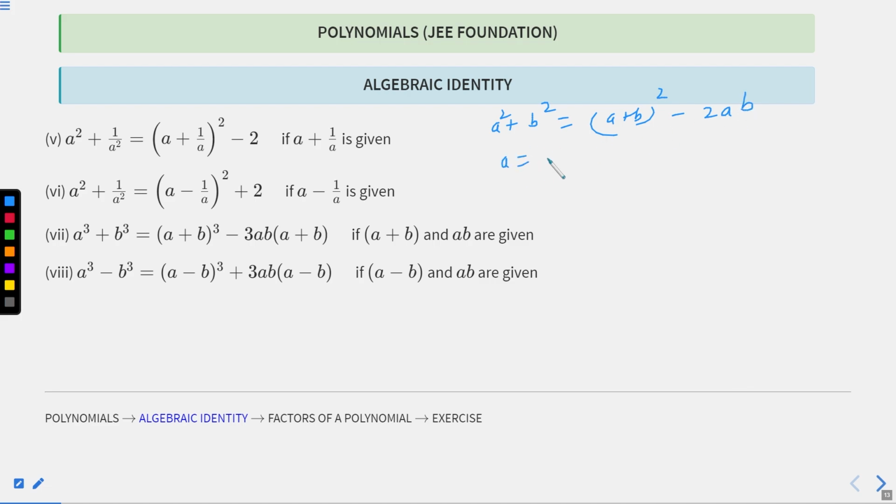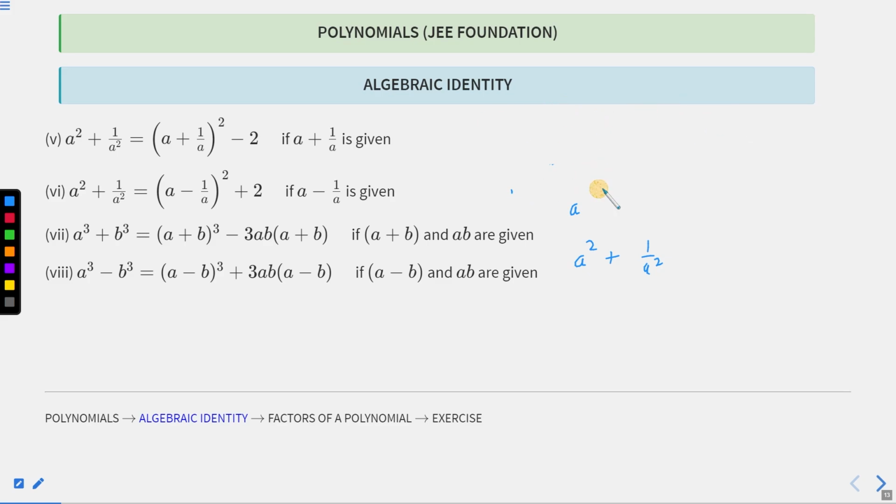If a is just a² and b is 1/a², then a² + 1/a²... say a is a and b is 1/a. Let me write it again so that you don't get confused.